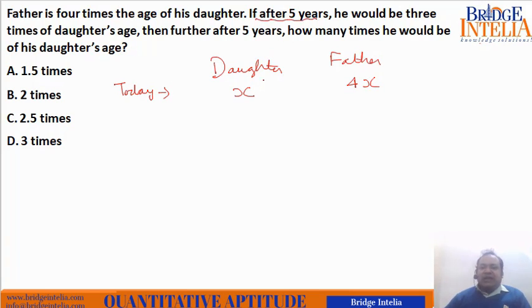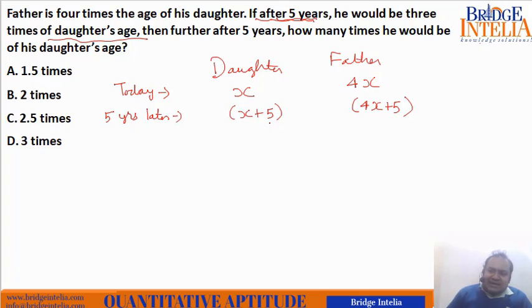If after 5 years, that means 5 years later, their age would increase by 5 years. So daughter's age would become x plus 5 and father's age would become 4x plus 5. So what is being said about 5 years later? He would be 3 times of daughter's age. So 5 years later, what would hold valid?